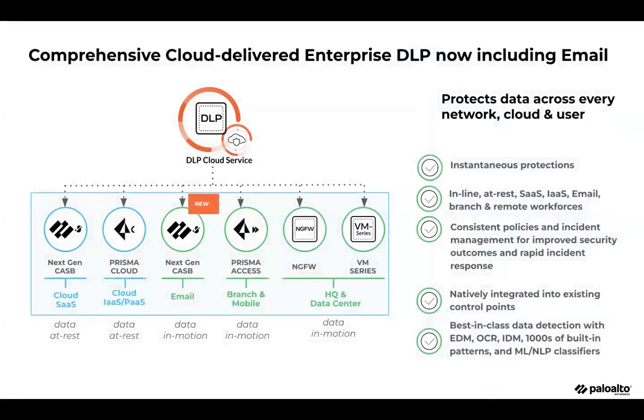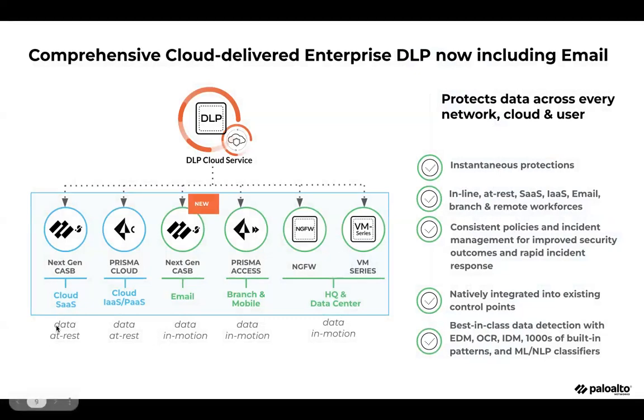So introducing our DLP cloud service. What we have is a fully cloud delivered data loss prevention engine. What that means is it is able to scan across multiple channels, all within the Palo Alto Networks portfolio.